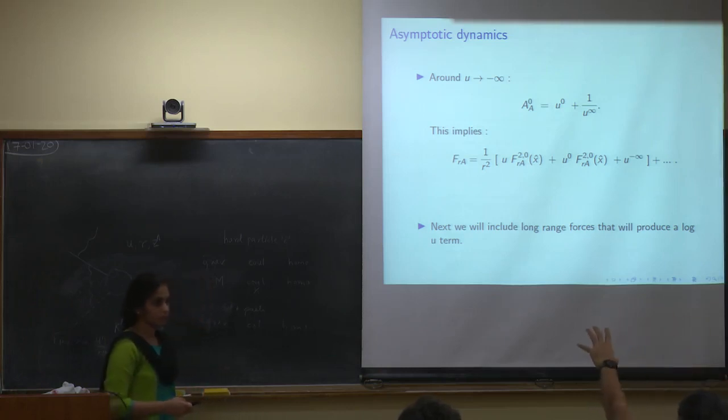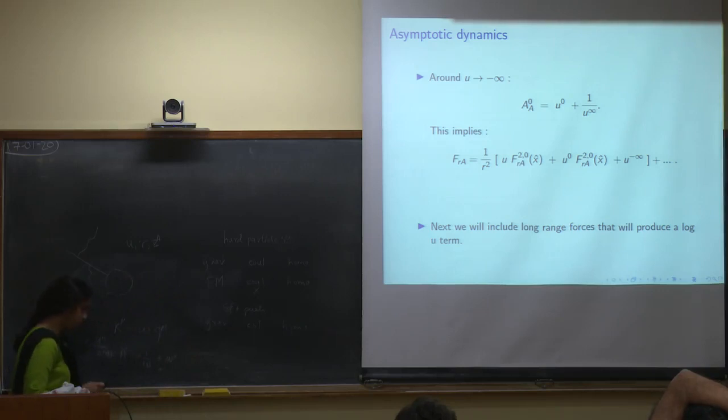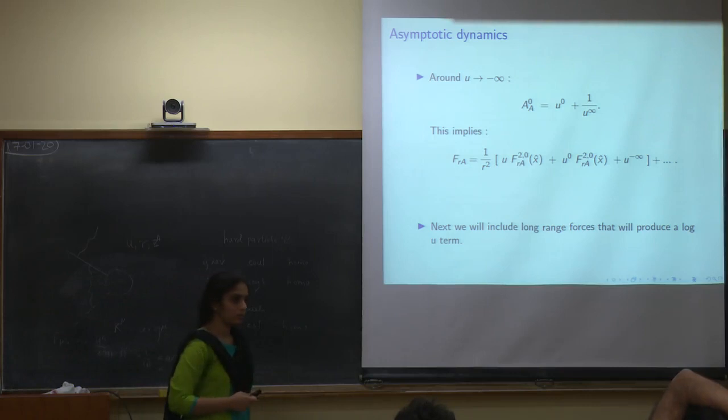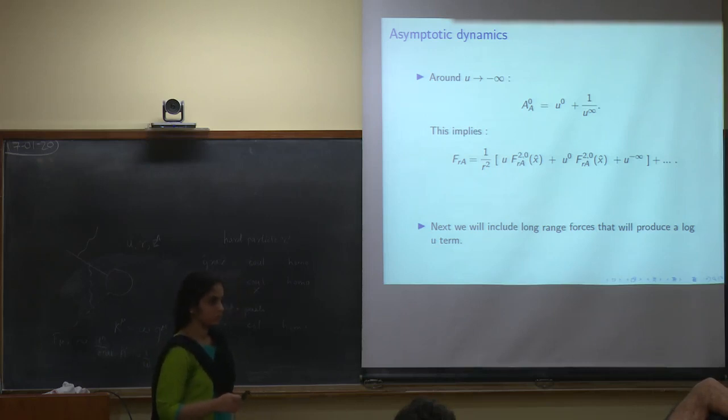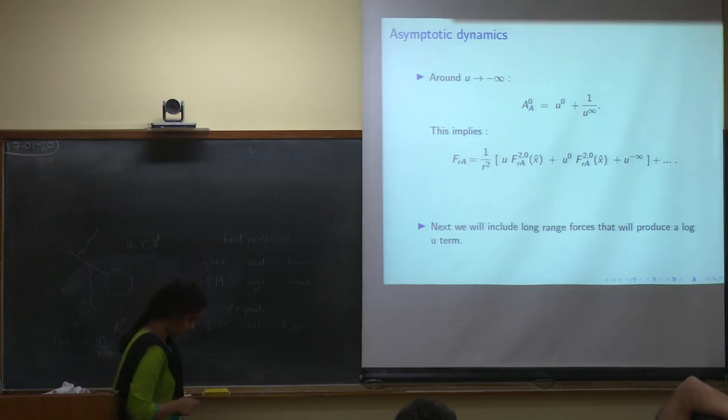Why is this component becoming bigger at infinity? Isn't it strange? You are saying it's suddenly dominating at infinity? I mean, is there an interpretation for the fact that the coefficient of 1 by r squared in F_rA is blowing up at u equals minus infinity?